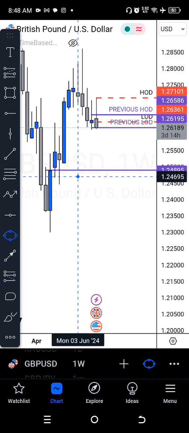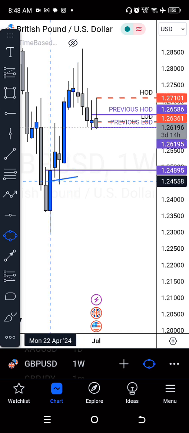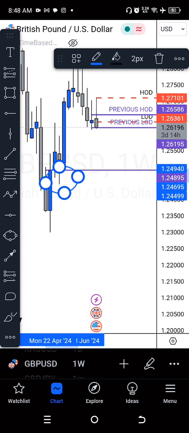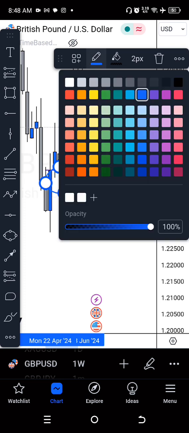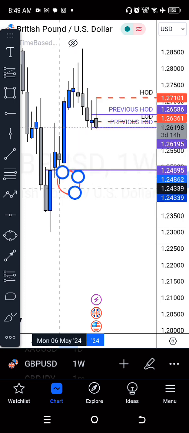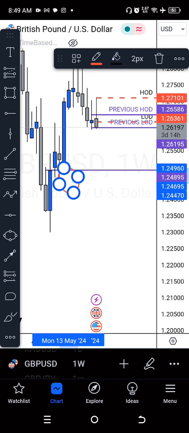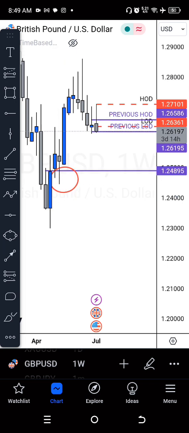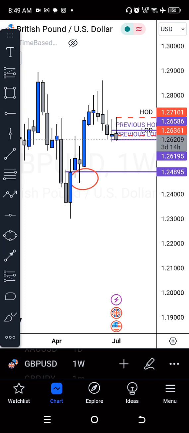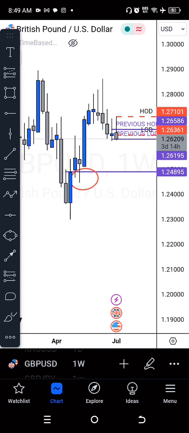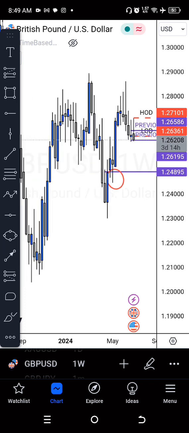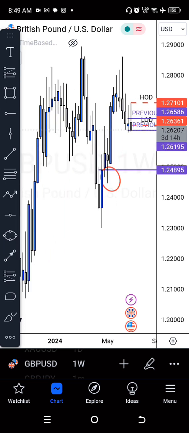This particular candle here, let me make the color red so you can better see it. This particular candle here has touched it, so it is no more valid. It could be valid in the future, but for this particular time it's no more valid. Why? Because it has been touched, has been used. So I'll look out for areas where the market has not touched.